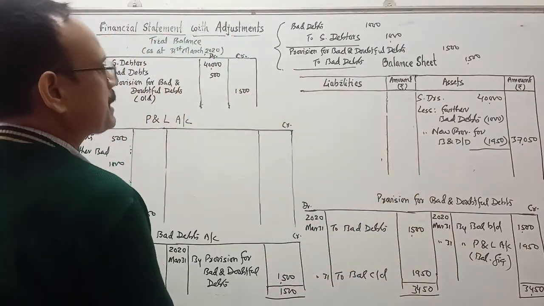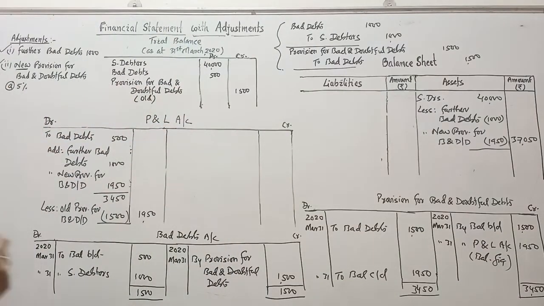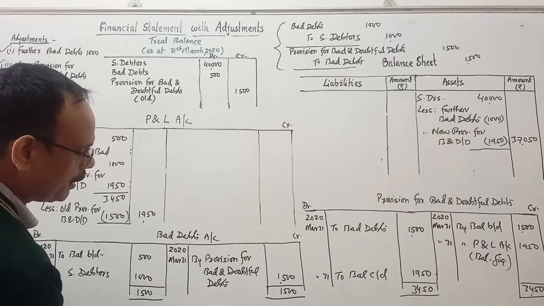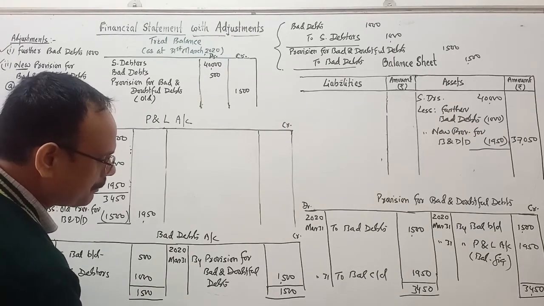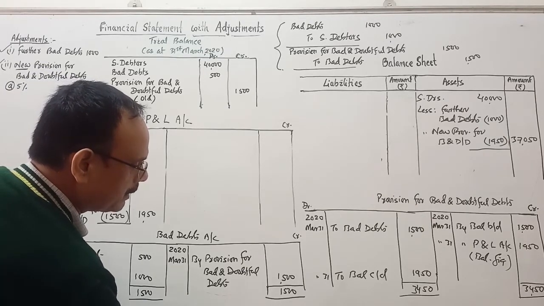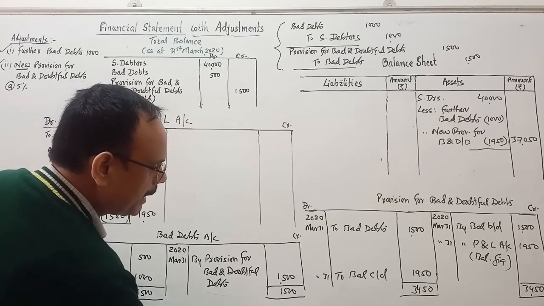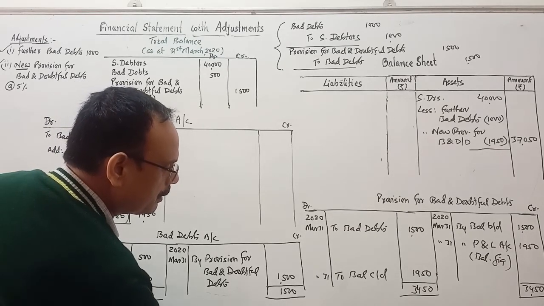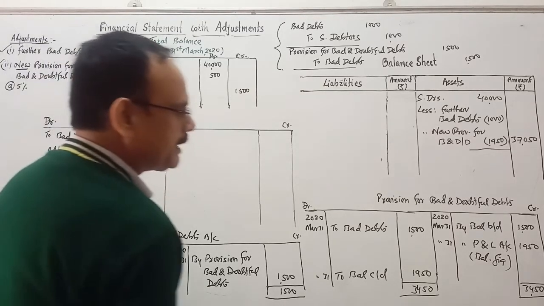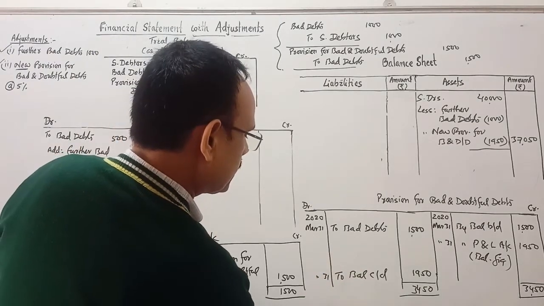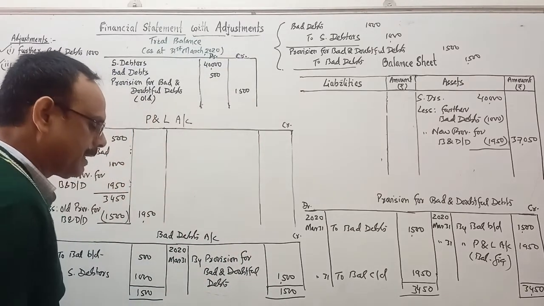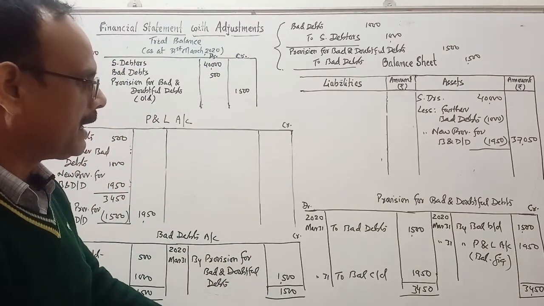If you are going to write the journal entry related to that, then the journal entry will be profit and loss account debit to provision for bad and doubtful debts, 1950. This is the journal entry of adjustment, profit and loss account debit to provision for bad and doubtful debts.